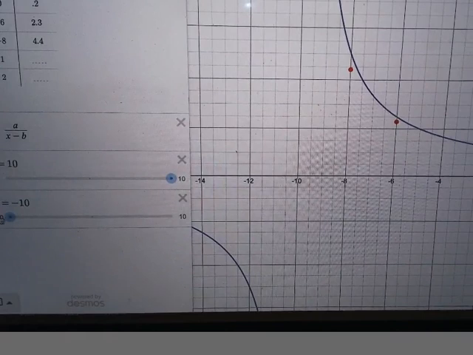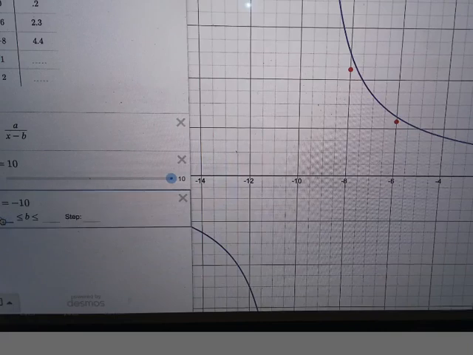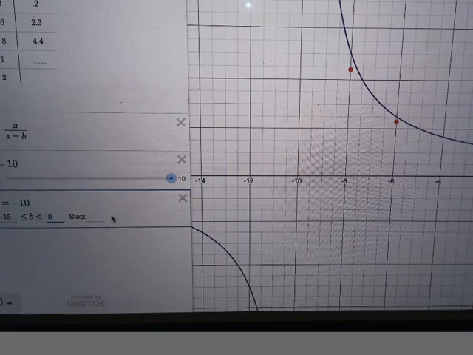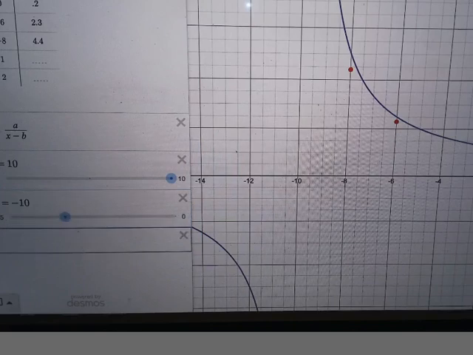Looks like I need to go a little bit more than -10. So I'm going to click on that -10 and say I want to go to -15 to 0. And I'll just make it step at 0.1. And so now I can slide this further over.